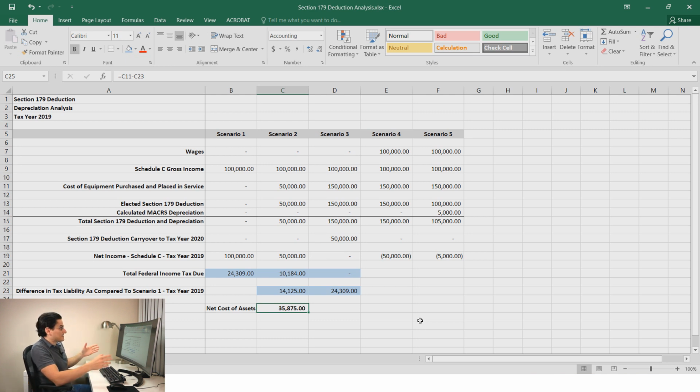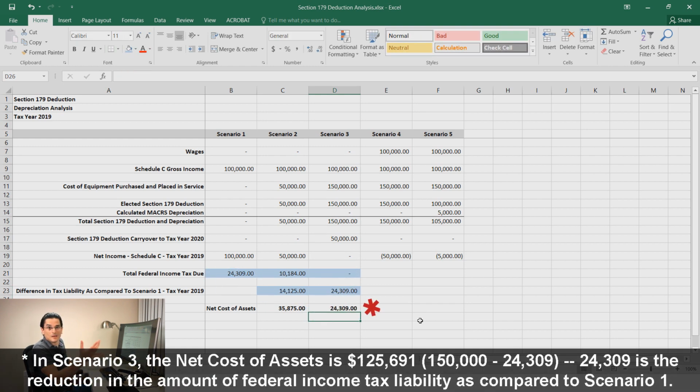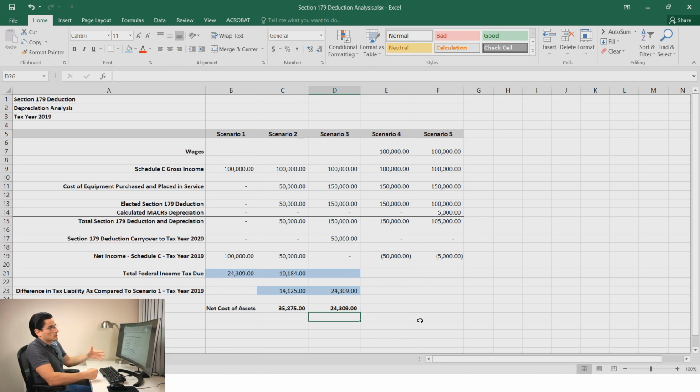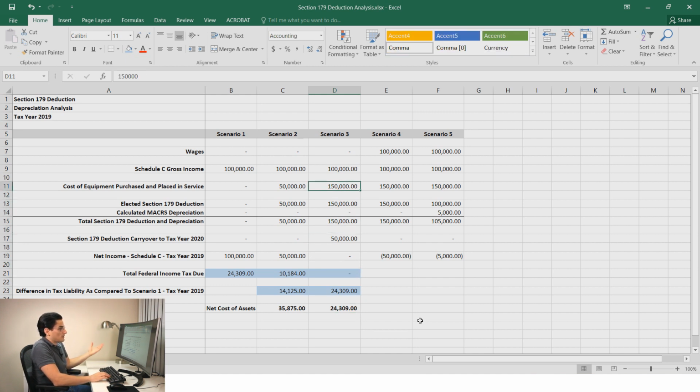So with that said, in scenario 3, you see that even taken to a larger extent there, because you can see here that we're bringing the tax liability to zero. Now, it doesn't quite work out like that in every scenario. Obviously, there might be situations where your net income is a lot higher and so forth, but in this particular case, you're saving $24,000 off of the purchase price of essentially $150,000 in assets, and in addition, you're still getting the carryover to the next year that you'll be able to use when you have more net income from the business.